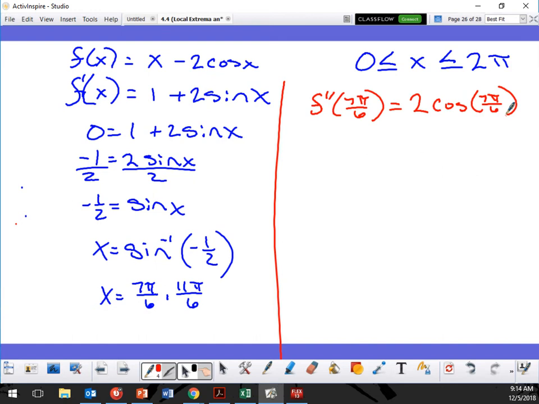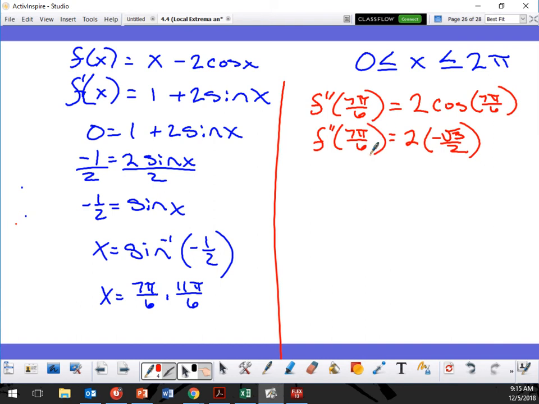And from those values at 7 pi over 6, that's going to be a negative rad 3 over 2, right? So this is going to be 2 times a negative rad 3 over 2. So just a negative rad 3? Yes, it's going to be a negative rad 3. So the whole thing is negative, right?